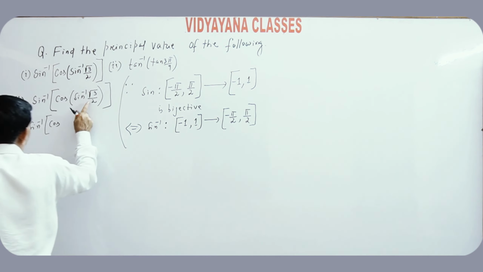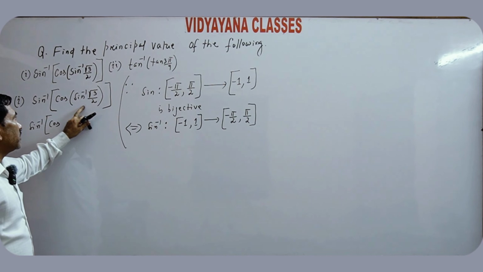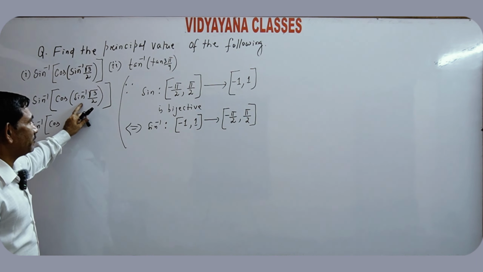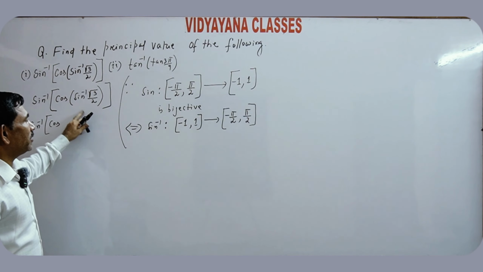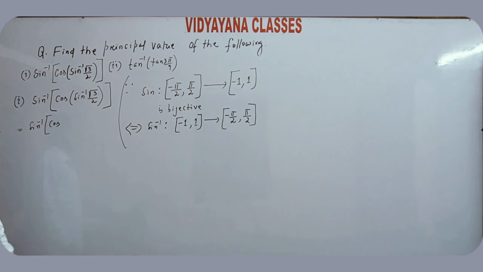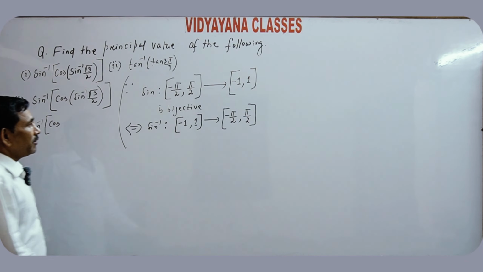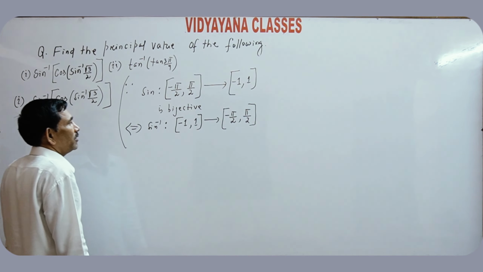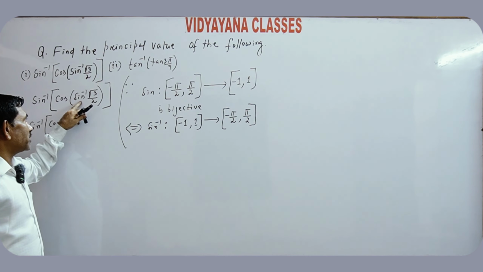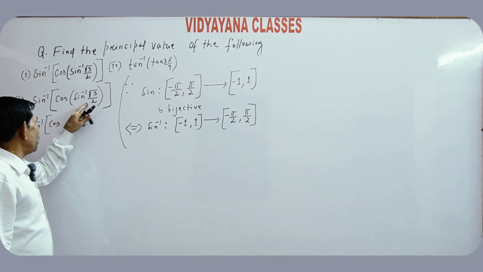It represents which angle, belonging to this set, has sine value root 3 by 2. Since sin inverse is defined from this set to this set, which angle belonging to this set has the value root 3 by 2?